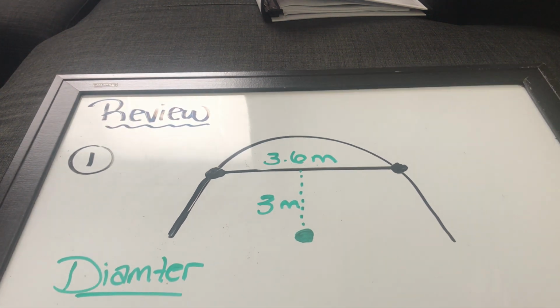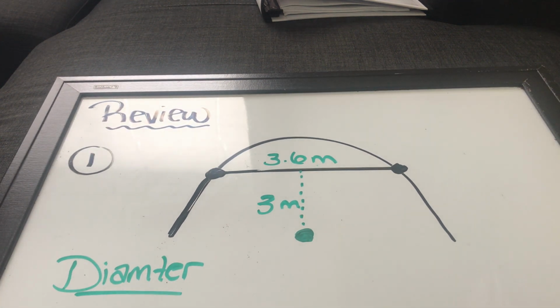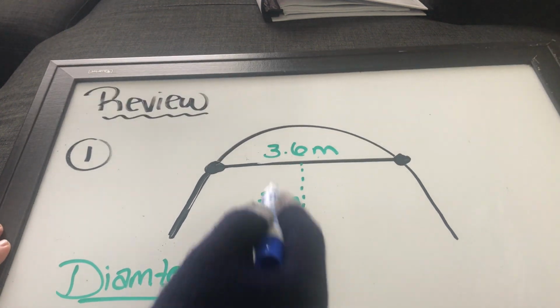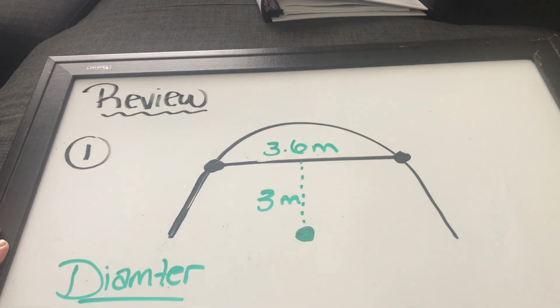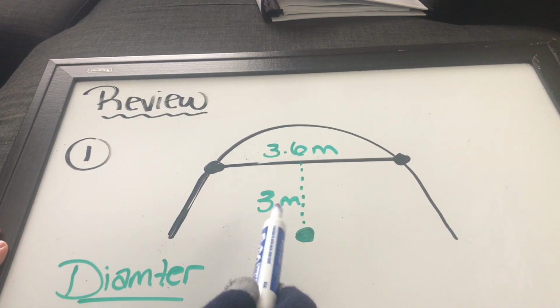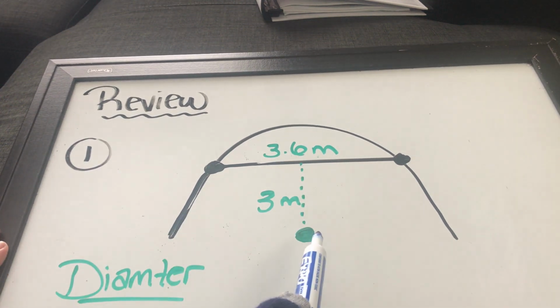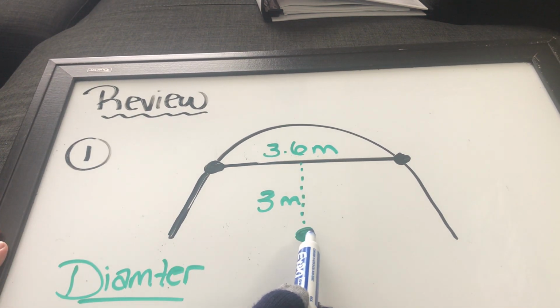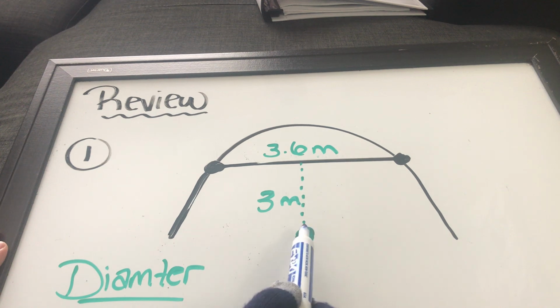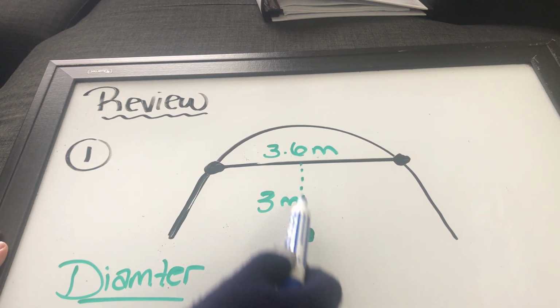Okay, so because the goal is to find the diameter, let's see what we are given right now. So we should have figured out that this is a chord. Okay, so this is a chord, and if we're talking about the depth, the distance between the chord and the water, then we're looking at connecting the center of the circle to this chord.